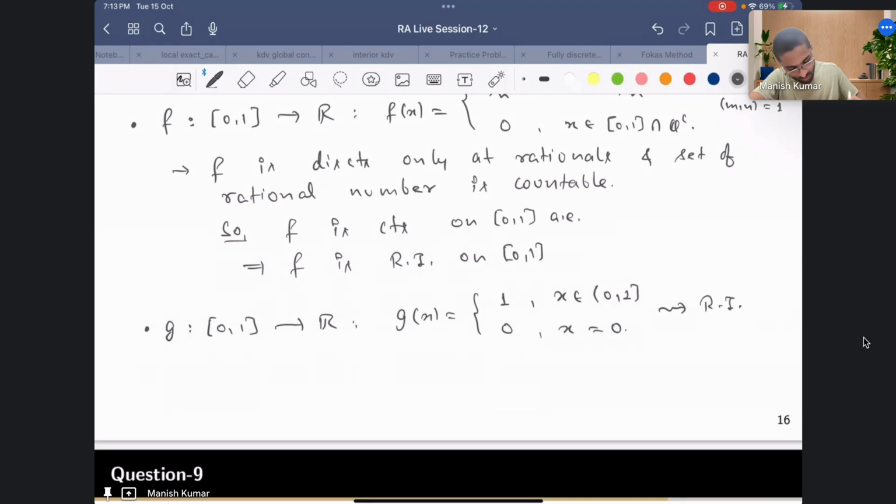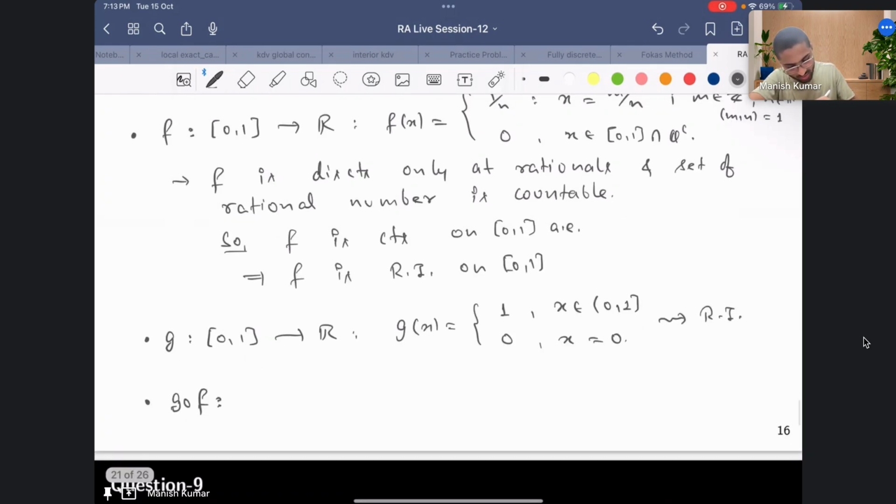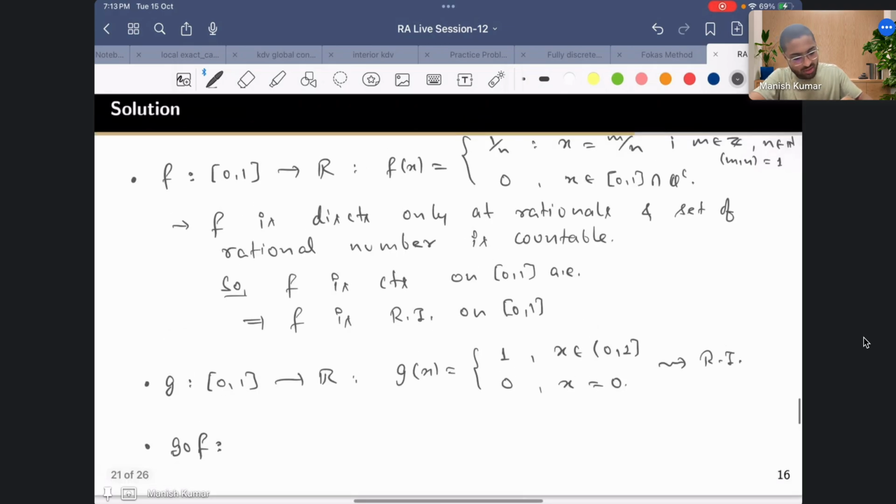But now if you see the composition, g composed f, you can clearly see that the range of f is contained in 0 comma 1, right? So f of 0 comma 1 is contained in 0 comma 1.